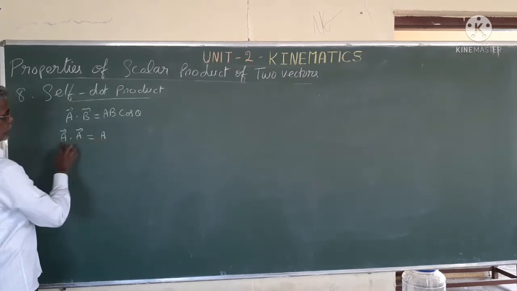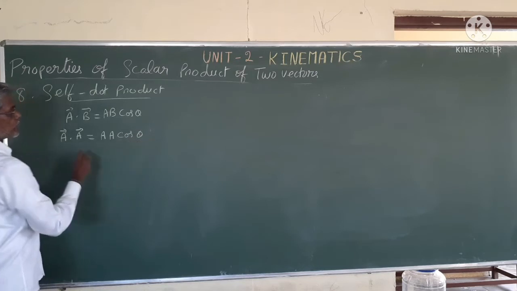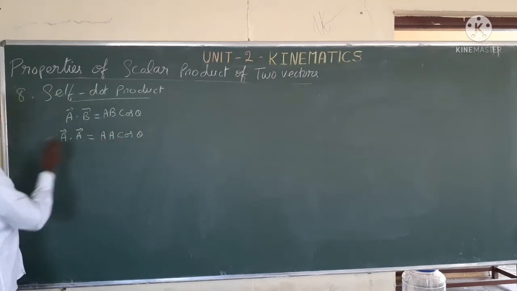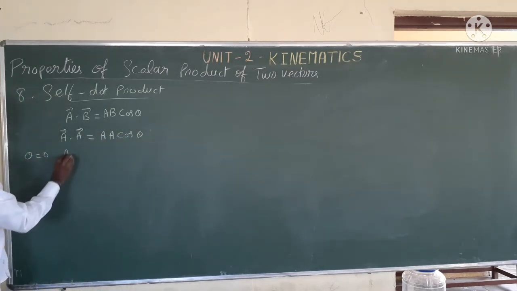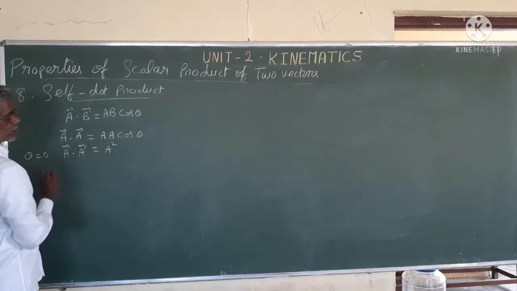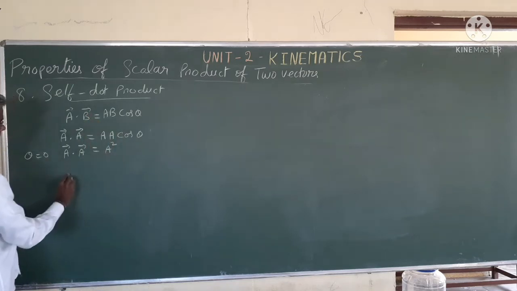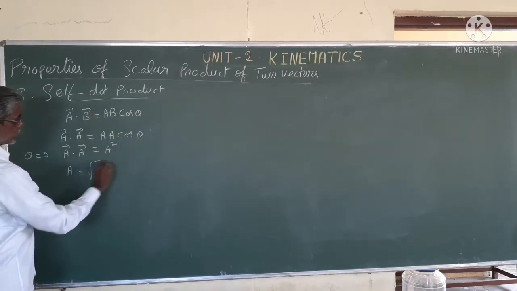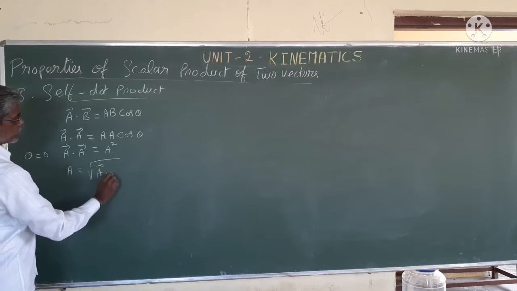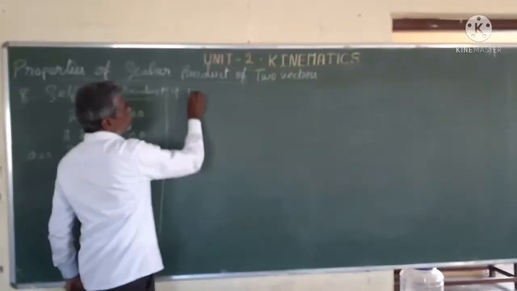Magnitude of A and magnitude of A cos theta. It will be maximum when theta is equal to 0. So A vector dot A vector is equal to A square, since cos 0 becomes 1. So A is equal to square root of A vector dot A vector. Next we will go for unit vector.